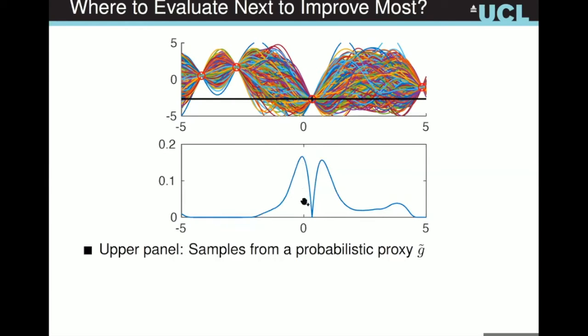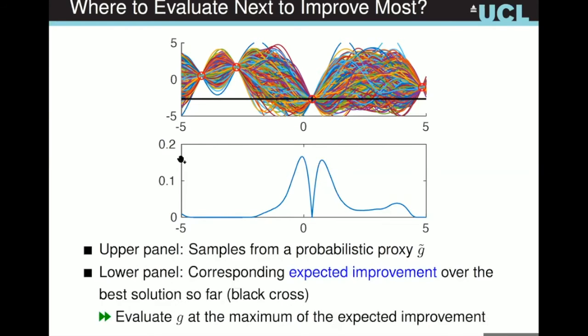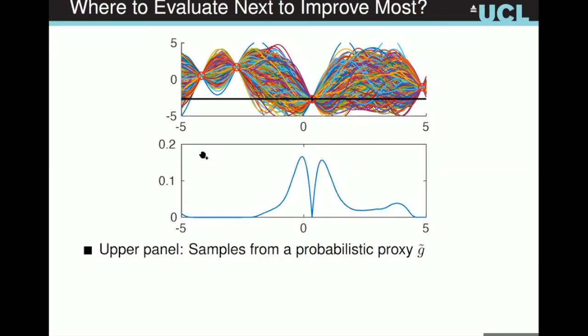So the probability of getting a lower function value if we evaluate, for example, at around 0 is maybe 0.18. So 18% probability of getting a better function value if we were to evaluate the true objective function at this point.